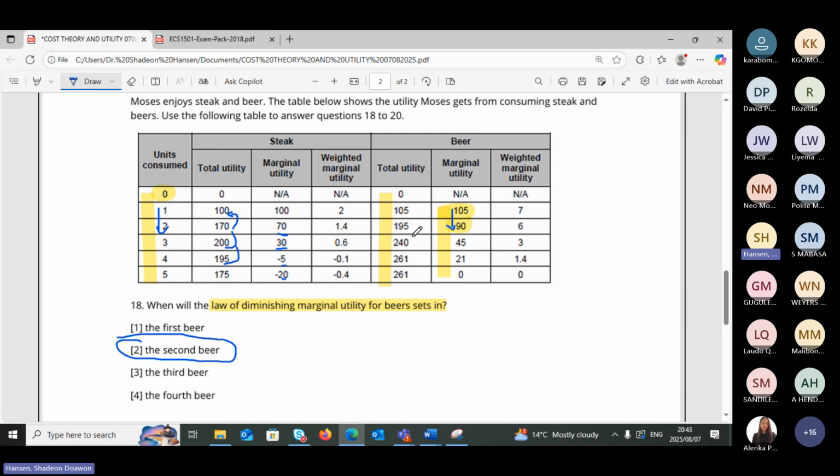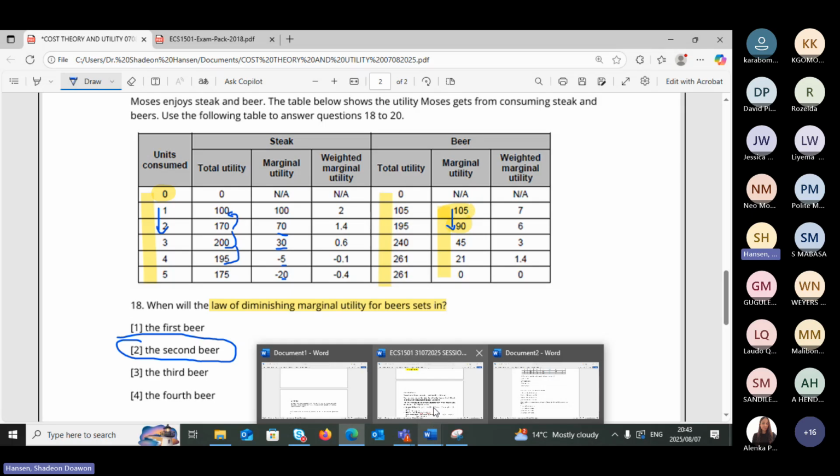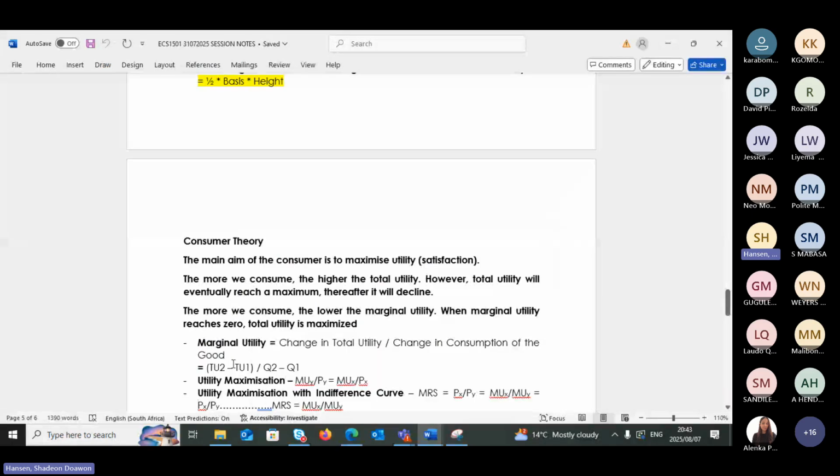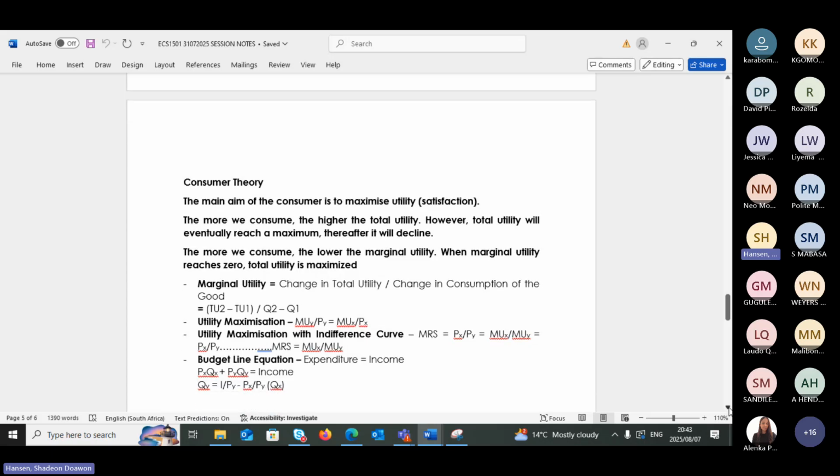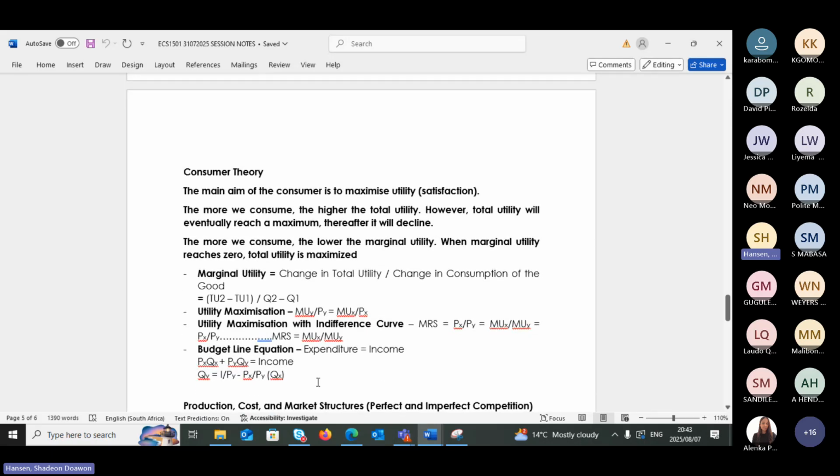But we can't calculate the price from the marginal utility or the total utility. Do you see? Because look at the formula for marginal utility. It's the change in the total utility divided by the change in the quantity. But in calculating the weighted marginal utility, I was supposed to put that formula in over here.